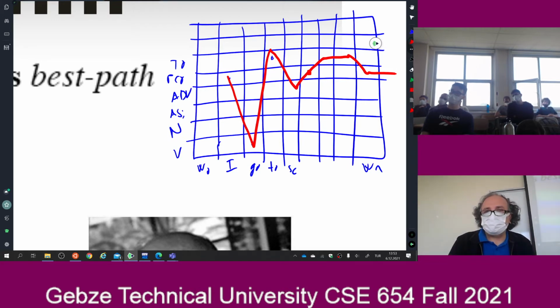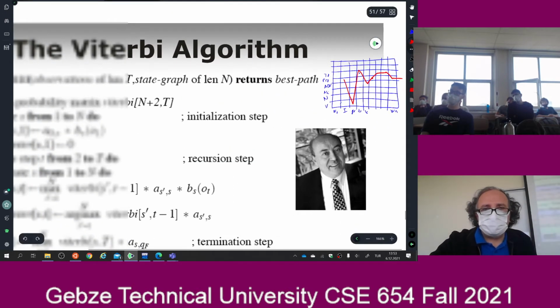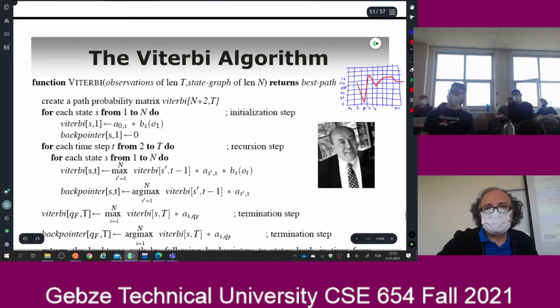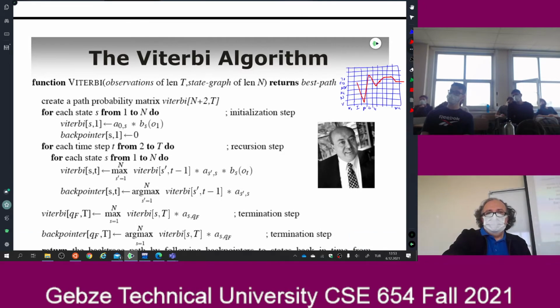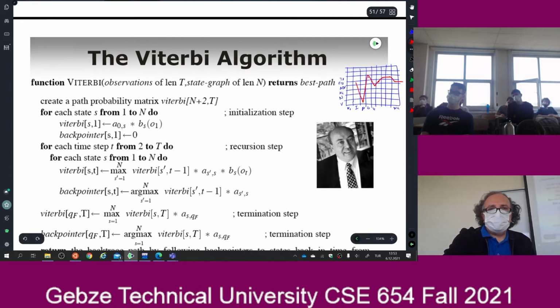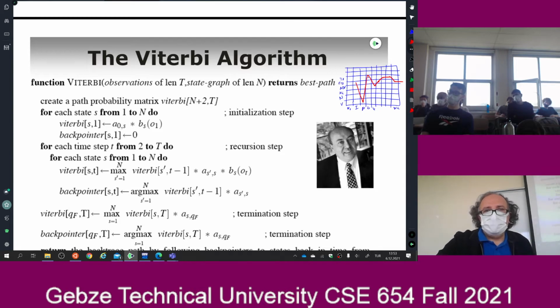Okay, let's do this. So this guy says that in the Viterbi algorithm, you have the observations of length T. Observations means they are words, and I have a state graph of length N. N is the number of tags.